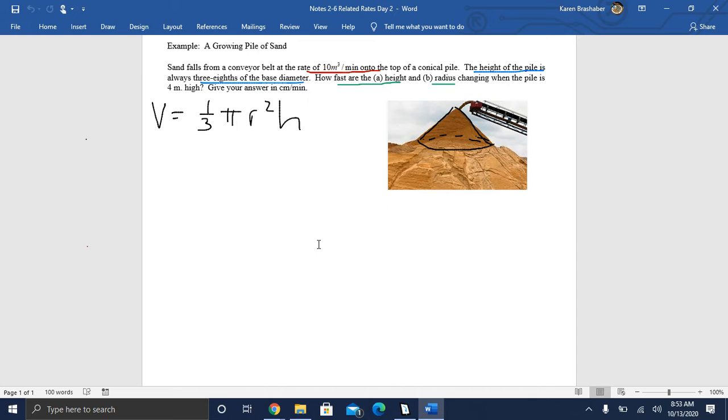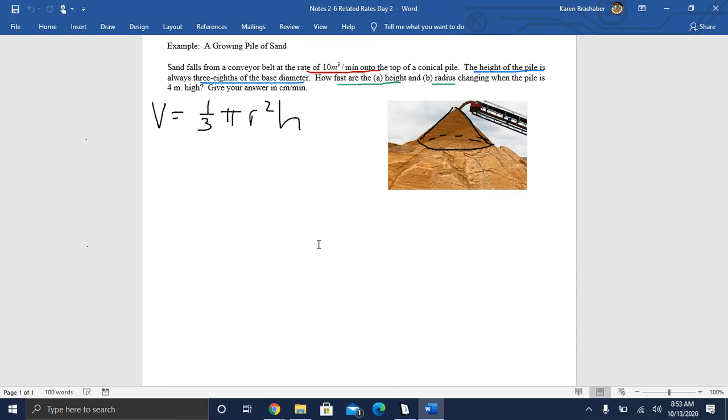If you do the derivative with respect to time, you'd have a product, so you'd have to do the product rule, which isn't necessarily a problem, but it will be in this one, because you'll have dV/dt, a dr/dt, and a dh/dt. In the given information, only what I've underlined in red is a rate of change. Everything else is either what we're trying to find or a relationship. So you just don't have enough variables.